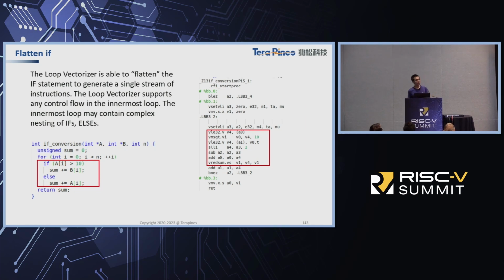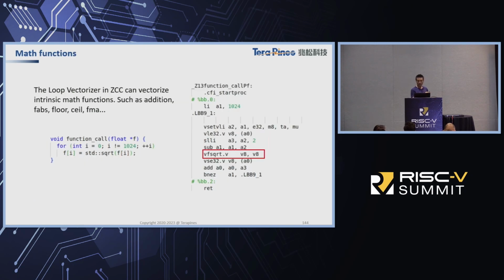This is the example of flattened if. Also, our compiler is smart enough to convert math functions directly into RVV instructions, such as square root.